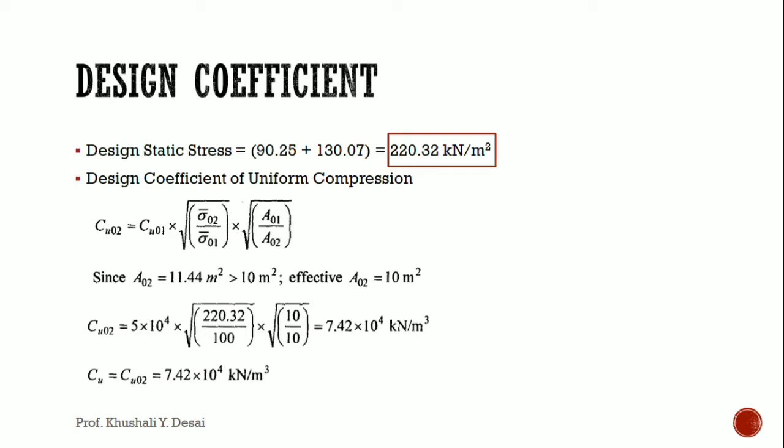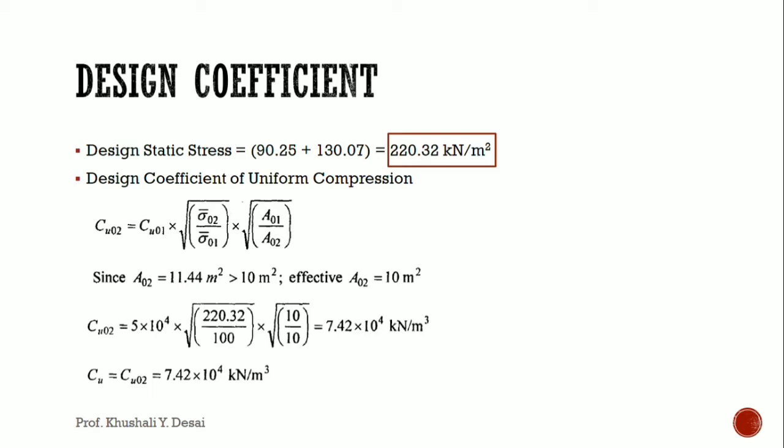Using this equation, we want to find the design coefficient of uniform compression from the site coefficient of uniform compression, which is given already as 5 into 10 raised to 4, indicated here as Cu01. Also, sigma 02 has been obtained as 220.32. Sigma 01 is given data of 100, that is static stress.